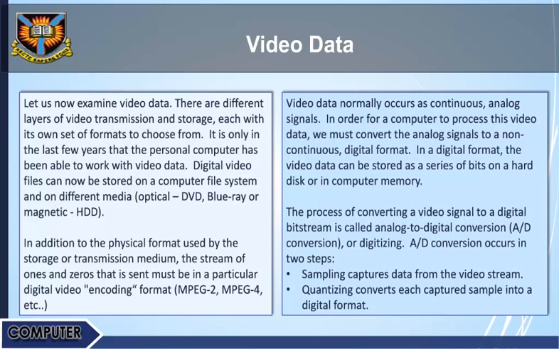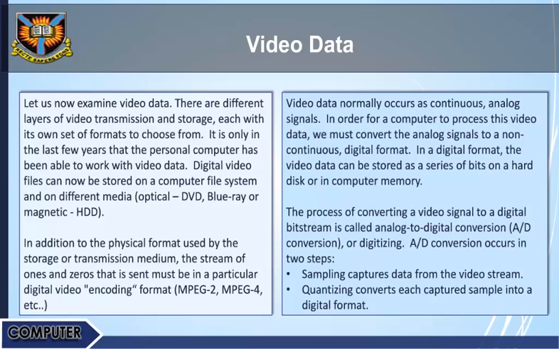Video data. Let us now examine video data. There are different layers of video transmission and storage, each with its own set of formats to choose from. It is only in the last few years that the personal computer has been able to work with video data. Digital video files can now be stored on a computer file system and on different media, optical DVD, Blu-ray, or magnetic HDD.